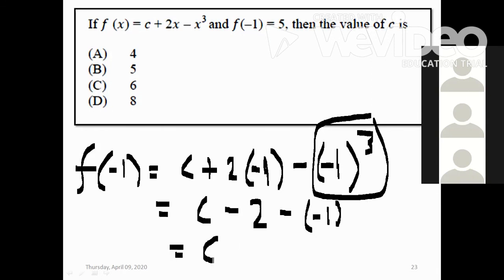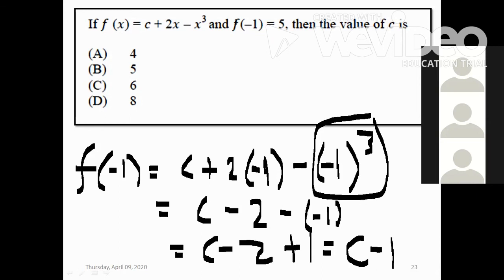So we have C subtract 2. These two negatives give you a positive. All right. So what's negative 2 plus 1? Negative 1. I don't work it out yet.